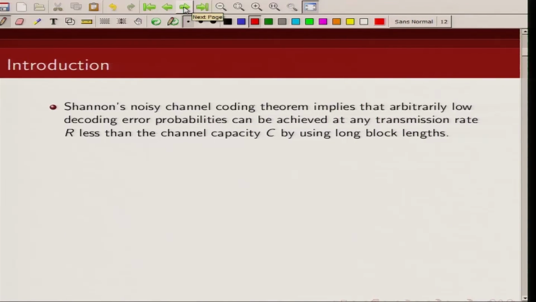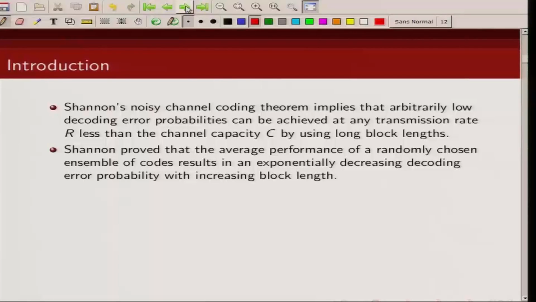Now, if you recall, Shannon in his celebrated noisy channel coding theorem mentioned that as long as we choose our transmission rate below channel capacity, we can reliably communicate over a communication link. His proof was based on the fact that if you randomly select a code word of very large length, then you can show that the probability of error will go to 0 as long as your transmission rate is below channel capacity and you transmit with long code words.